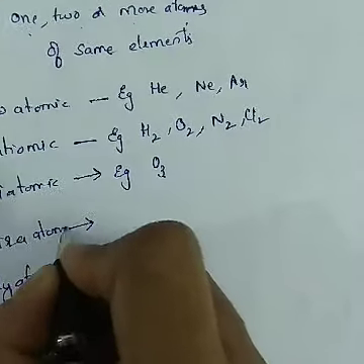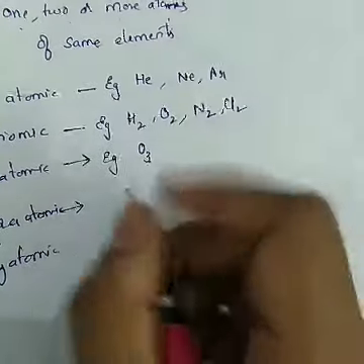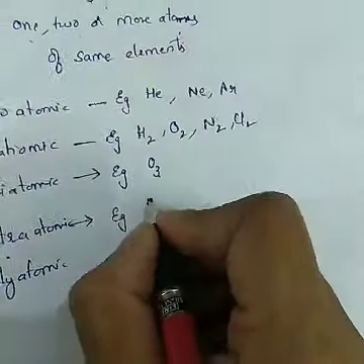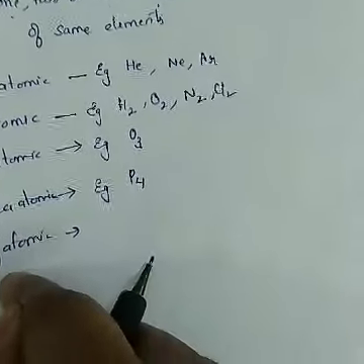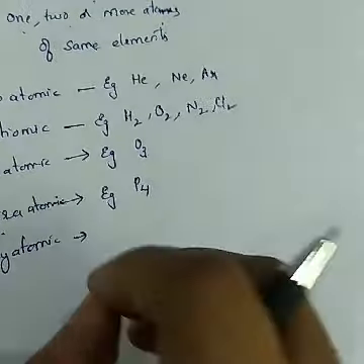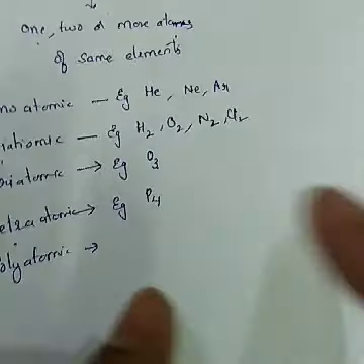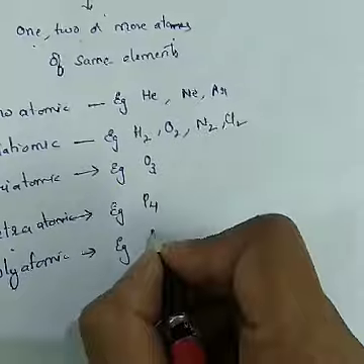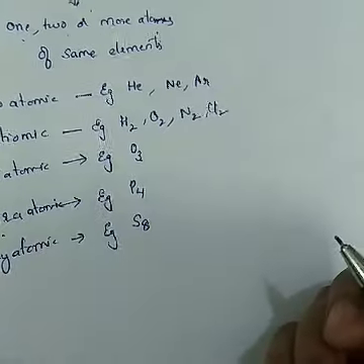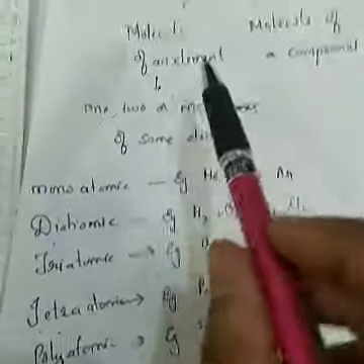Tetraatomic means four atoms of the same element combine together, example P4. Polyatomic molecules of an element are those in which more than four atoms of the same element combine. Example S8.